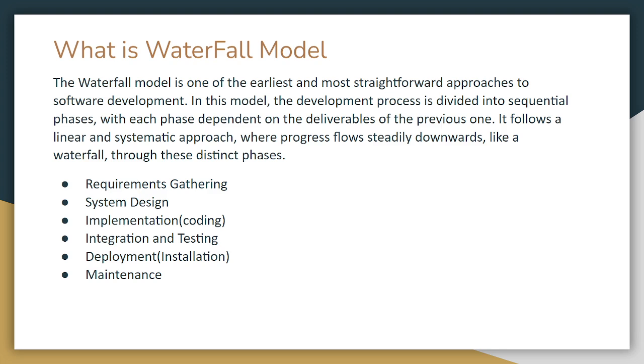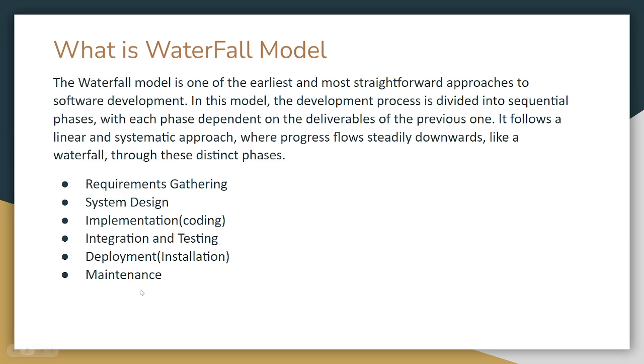In this model, the development process is divided into sequential phases, with each phase dependent on the deliverables of the previous one. It follows a linear and systematic approach where progress flows steadily downwards like a waterfall through these distinct phases. These are the phases you can see: requirements gathering, system design, implementation, coding, integration and testing, deployment, installations, maintenance.